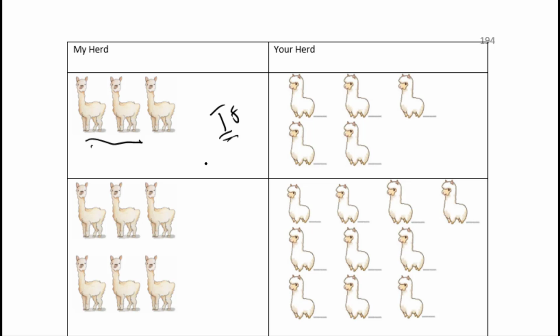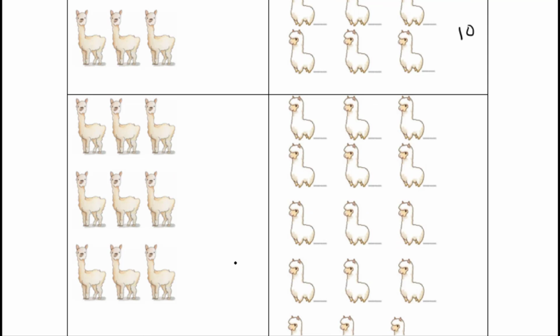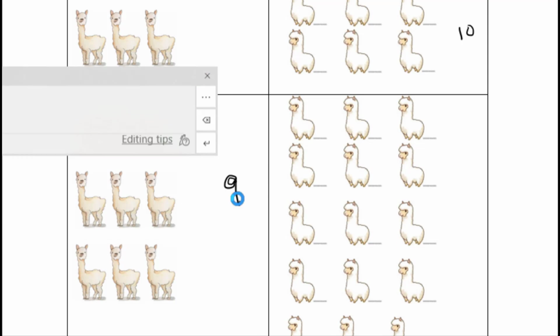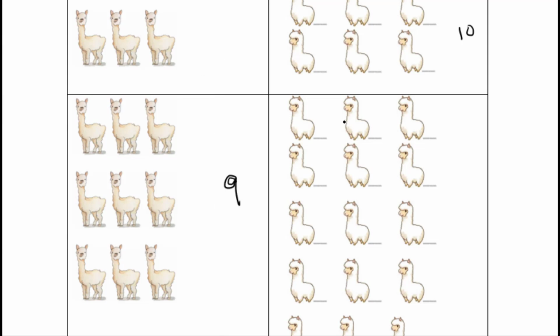It means if. Likewise, if I had 6 alpacas, you would have 10 alpacas. That's another ratio. It's an equivalent ratio. 3 to 5 is the same thing as 6 to 10. It doesn't mean you had 10, but if you did have 10, I would have 6. And here's another example. If I have 9, you would have 15.